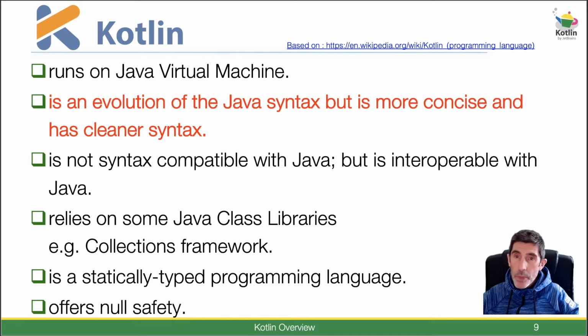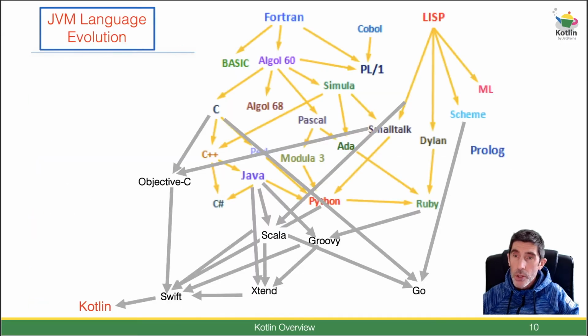The next one is an evolution of the Java syntax, but is more concise and has cleaner syntax. So again, you would have seen a similar kind of family tree here, the JVM language evolution, and you can see we have our Kotlin there right at the end, kind of extending out from Swift and Objective-C and a few other languages there, Scala, Groovy, right back to Smalltalk.